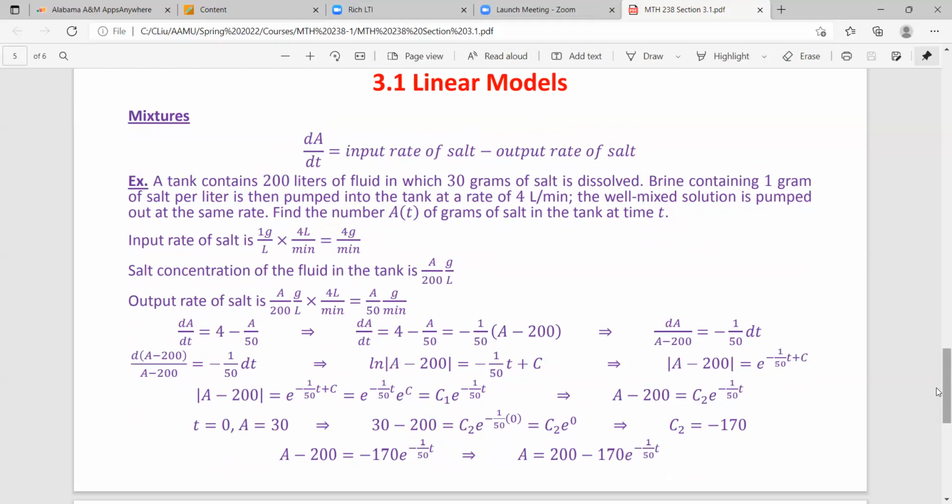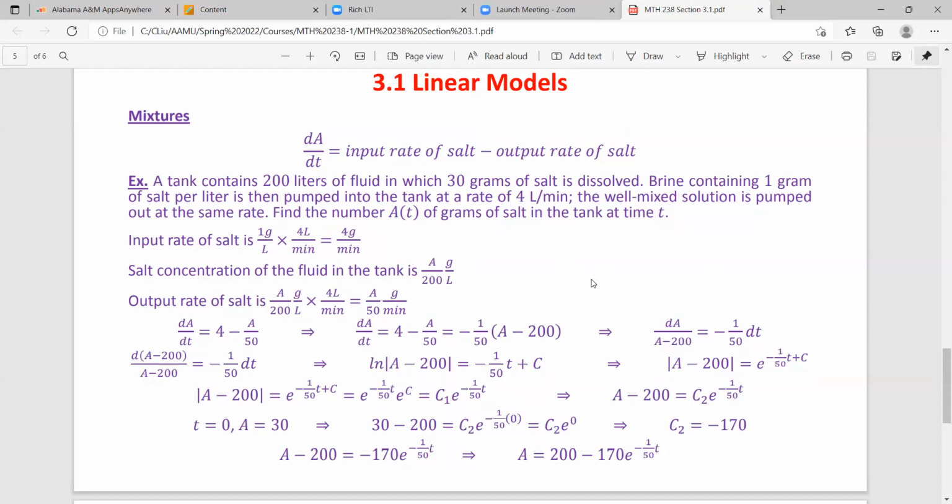They have different concentrations for the input solution and the output solution or flow. You want to solve for how the concentration of the solution changes with time in the tank.